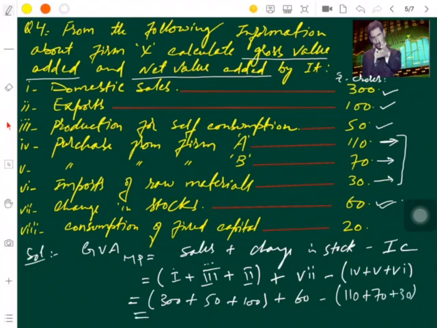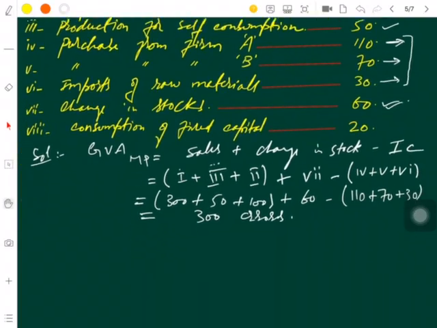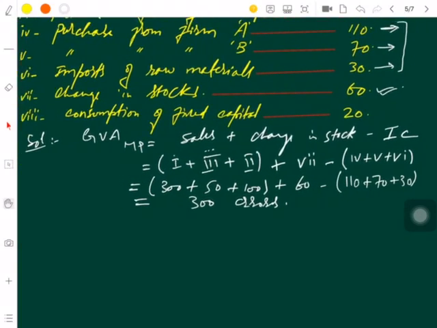Put it together, what will it come to? 300 plus 100 is 400, 450, plus 60, minus 170, 180, 110, 260, 280, 300 crores. Okay, it is in crores because it is indicated here in crores. So dear students, we are done with what? Gross value added at market price.